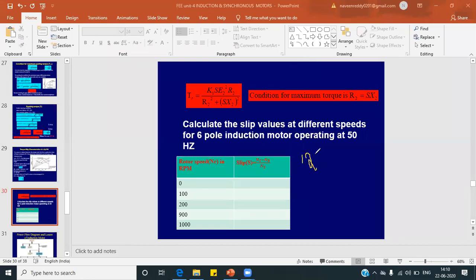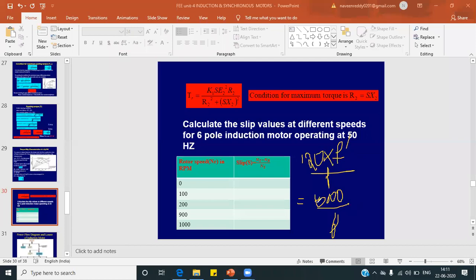Ns is equal to 120 into f by P. F is 50 Hz. 120 into 50 is 6000 RPM divided by P, which is 6.